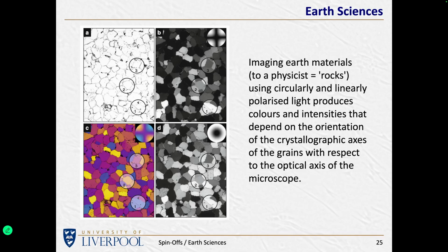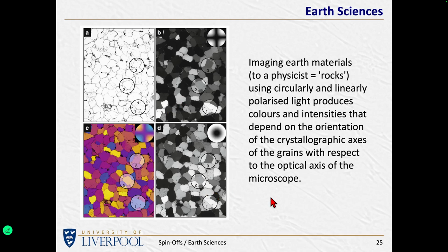If you pass the light from the microscope through polarizing filters, either before or after or both of the rock sample itself, you can change the way the light behaves and you can get changes in intensity. If you're using circular polarizing filters, you can get changes in color as well.